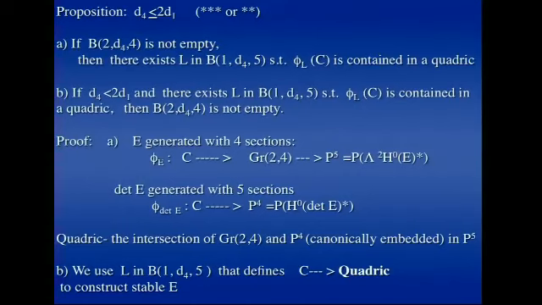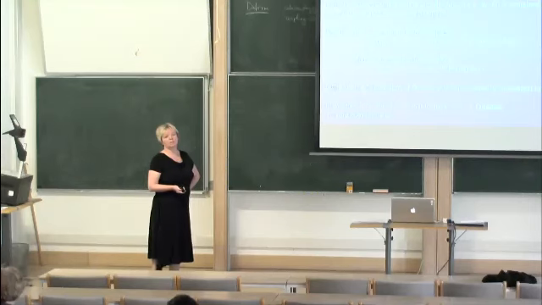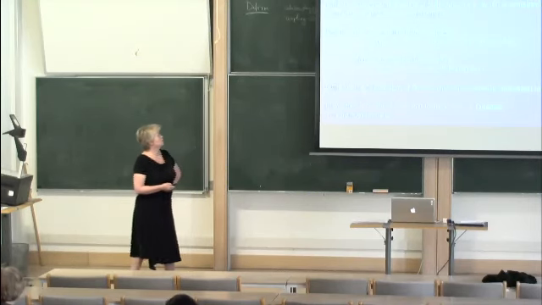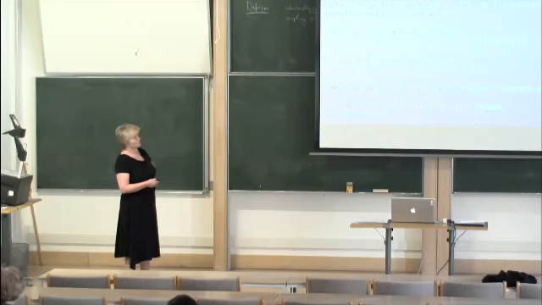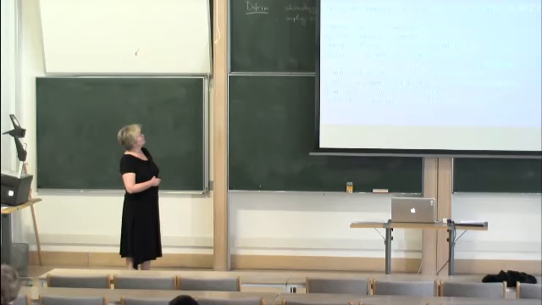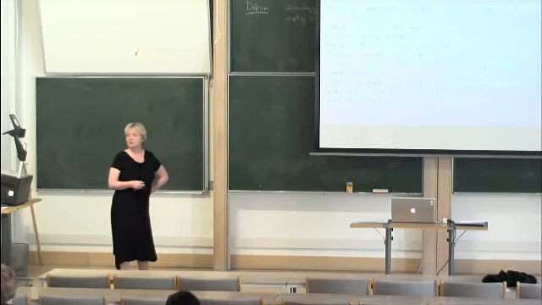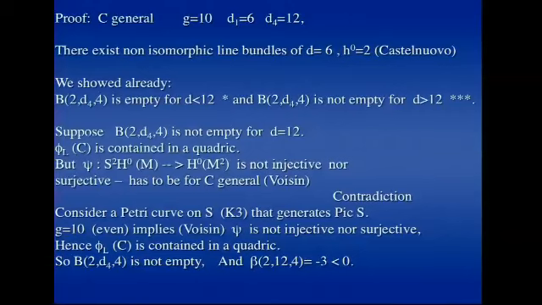Now, to do B, we use the existence of this bundle that has 5 sections that defines the quadric to construct the stable bundle E. So this way we show that D4 is not empty. Okay, so this is the summary of the proof, how the whole proof will go with all these helpful things.